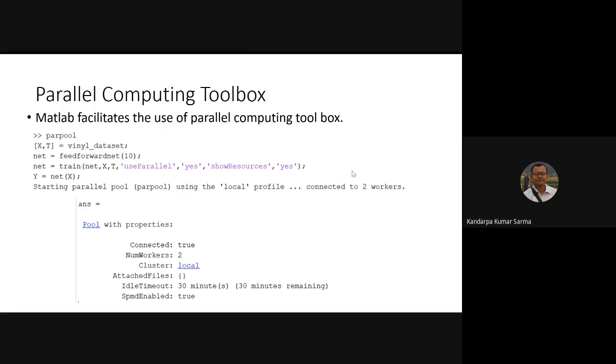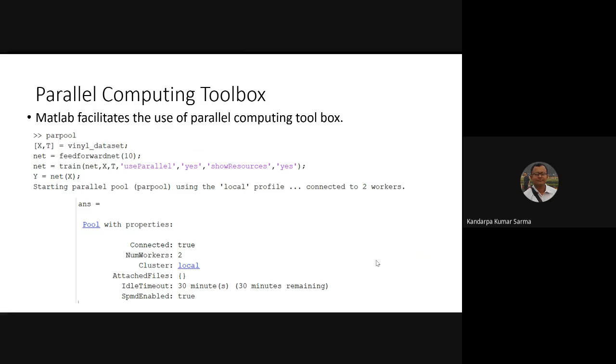Then MATLAB, the later versions support parallel computing. So it's quite beneficial for the researchers to get rid of all those complexities of finding out free CPUs and then running their training.